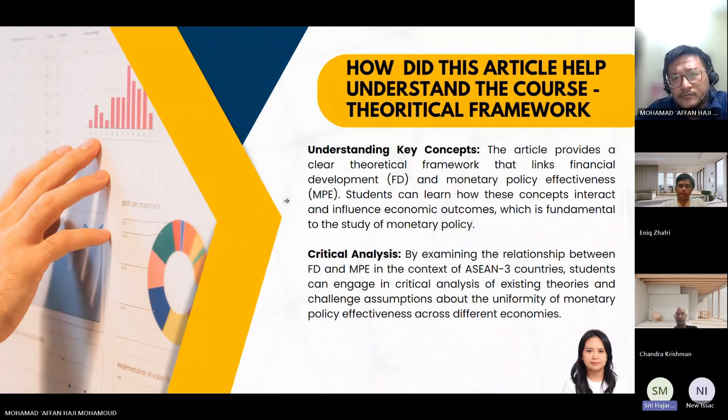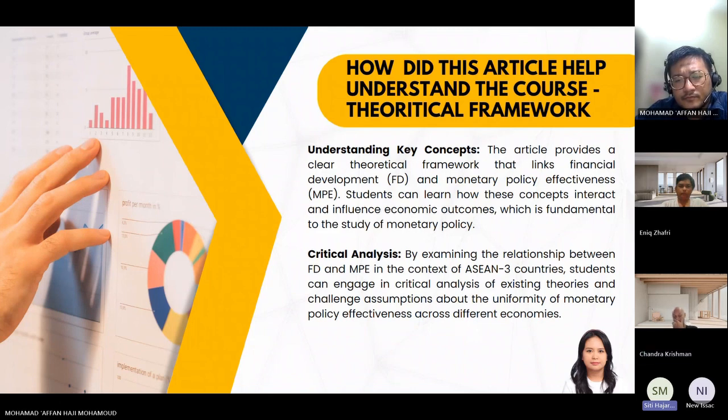So moving on to how this article contributes to our understanding of the subject. First, the article is very useful in helping us to understand the key concepts related to financial development and monetary policy effectiveness.